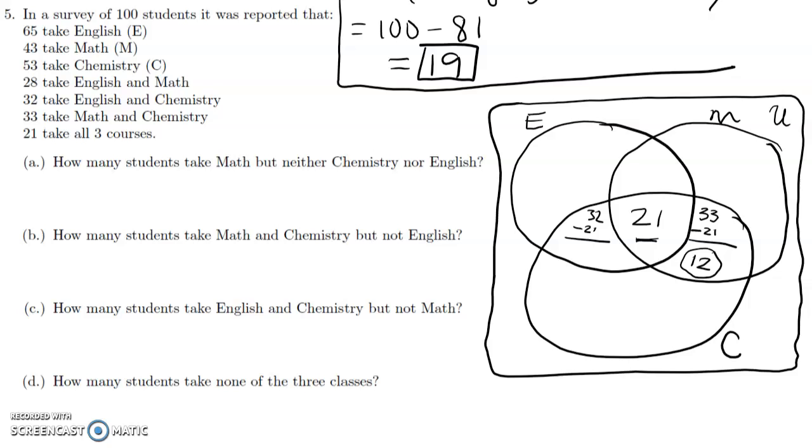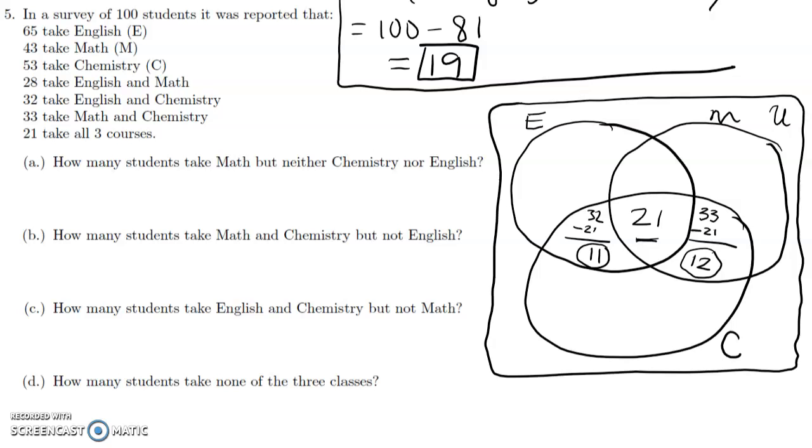And then when we subtract those, we're left with 11 people in that region. So there's a unique 11 people in this little kind of bullet-shaped region of the diagram. In total, the 11 and the 21 make up the 32 people who take English and chemistry.